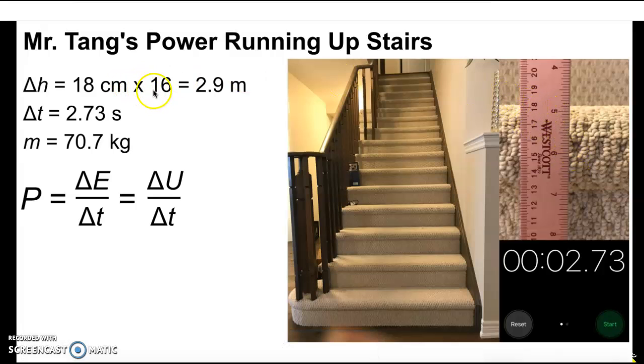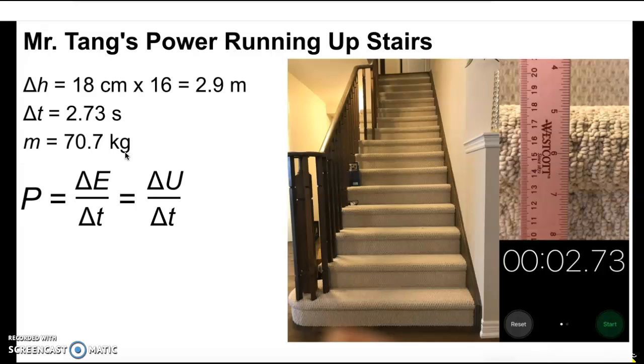And I multiplied that by how many steps there were, 16 steps, giving me 2.9 meters in total that I increased my height. Okay, so my delta H, my change of height, was 2.9 meters. And I also measured my mass. In kilograms, it's 70.7 kilograms.